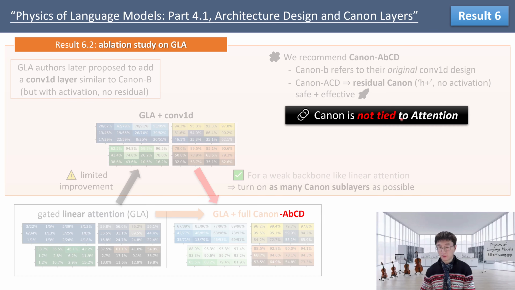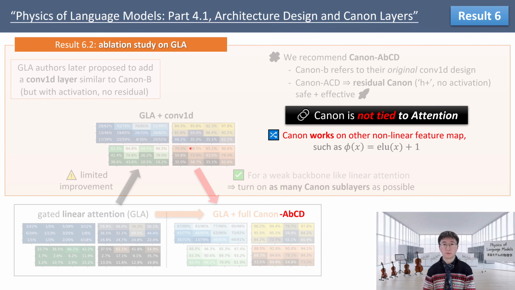This is another place where I will emphasize the same thing as before: Canon is really not tied to the attention layers. We even tested Canon ACD alone without B. That also works extremely well. Not as good as the full version, but definitely better than the original Conv1D. So Canon is really not tied to the attention layer.